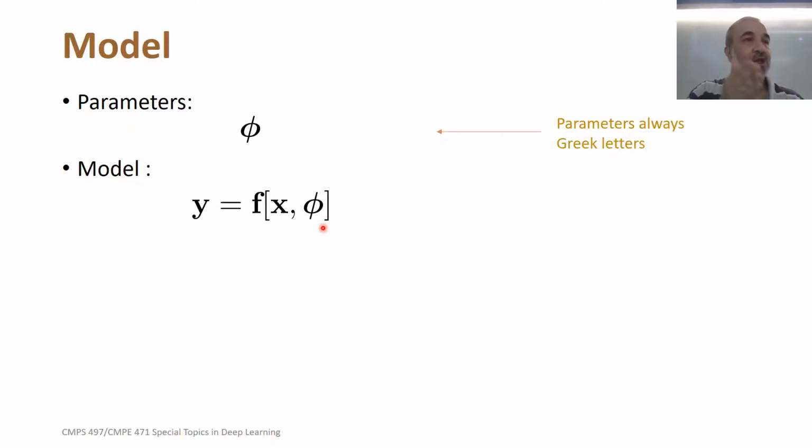That doesn't mean that the input is not given to the function, but we just think of it as implicit. We will always think of the model as a function of the parameters. So x is the input and phi are the parameters of the model. We'll see an example later in this lecture.